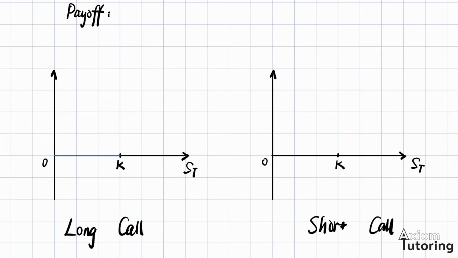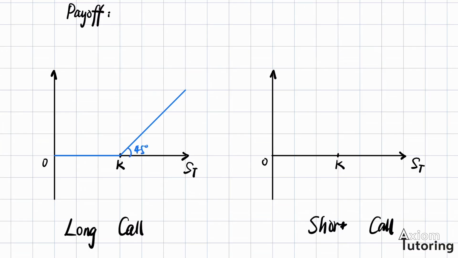But any price for our underlying asset that is higher than our strike price, I will be inclined to exercise my option. And since we're only buying just one unit of our option, every dollar or every pound of the excess price, the price that is higher than the strike price, will make the exact amount of our profit. So this will be a 45-degree line upwards.